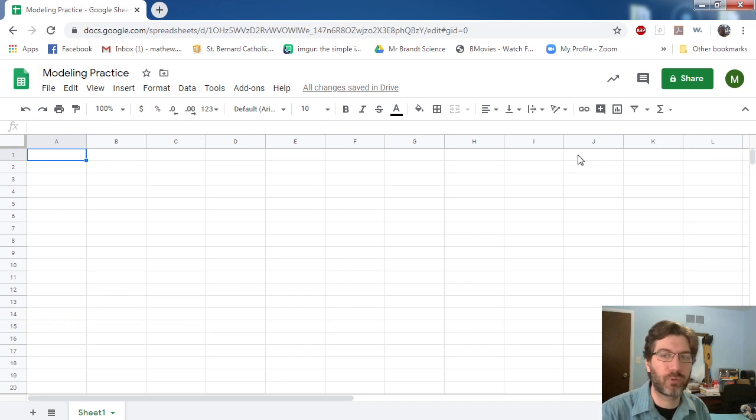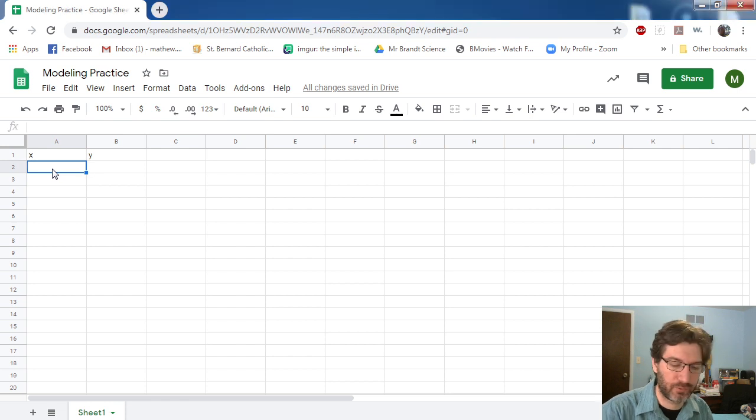I'm going to make an XY table here. So in cell A1, I'm going to put X for my X values. In cell B1, I'm going to put Y for my Y values. And underneath, I'm just going to fill in my X values. It does not matter the order you put them in, as long as your X value is matching with your Y value, that's appropriate. So if you recall the problem, the first X value I had was -2.